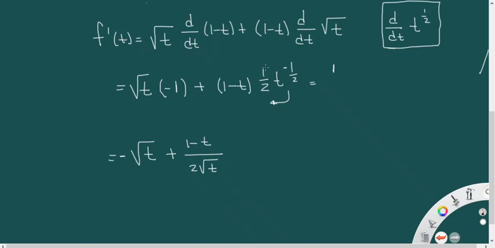This one is already 1/2. So if we move the t to the denominator like this, then you can get rid of the fractional exponent. So you have 1 minus t divided by 2 times the square root of t.